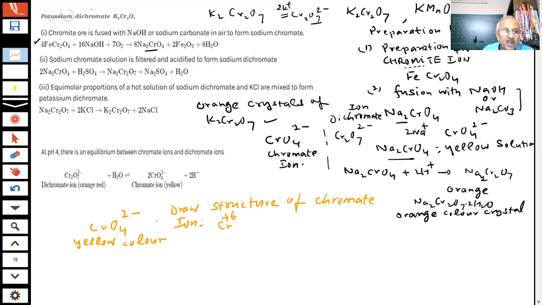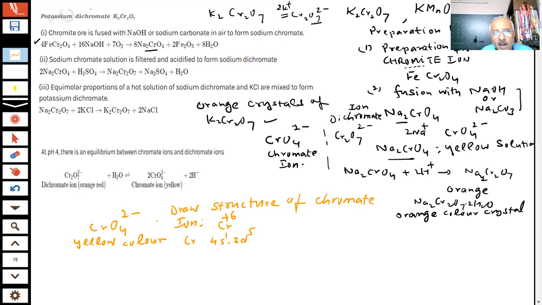What is the atomic number of chromium, students? Scandium, titanium, vanadium, chromium. How do we write chromium? It is 4s1 3d5.